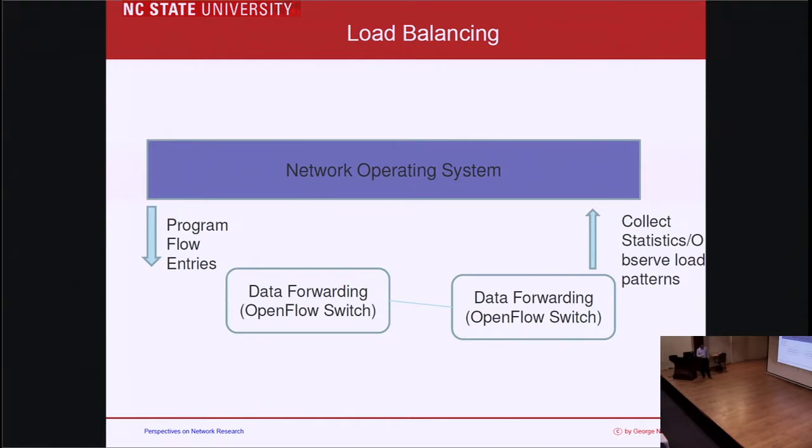Remember, one of the things that switches do is they collect statistics. So for instance, in a data center, this application would be very useful. In fact, Google has moved to an SDN-based network, and there are papers from Google that describe exactly how they have done that.